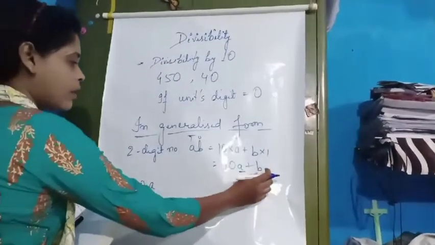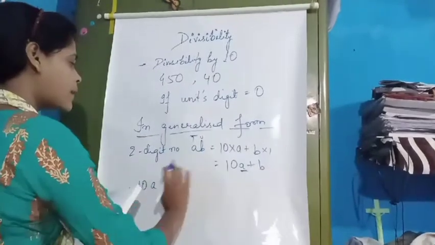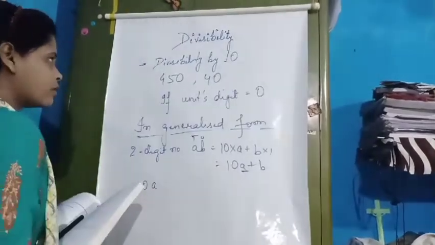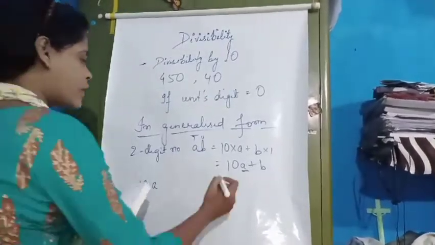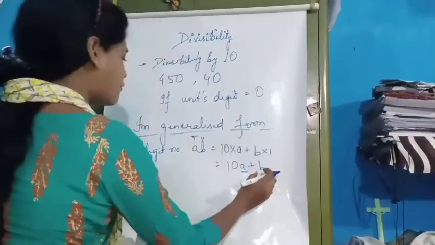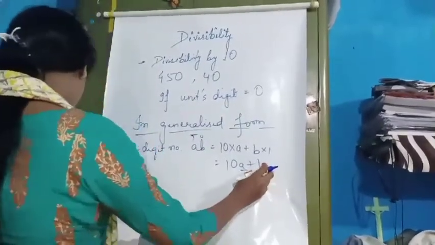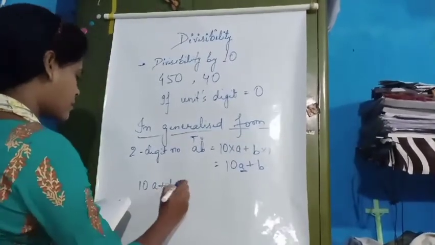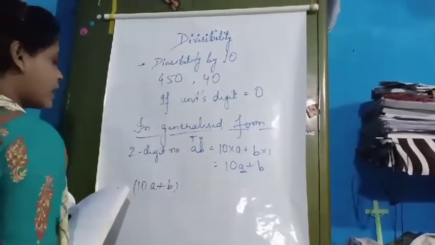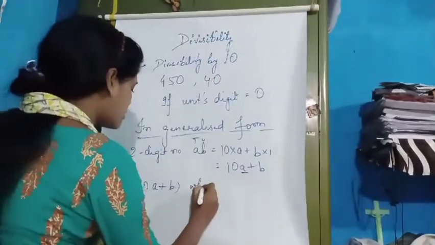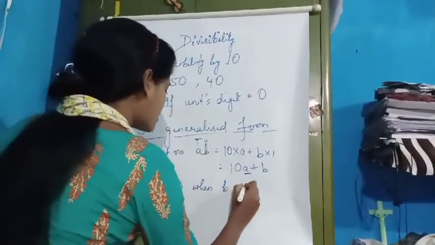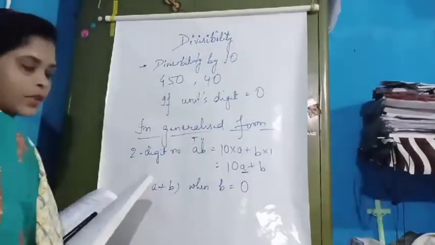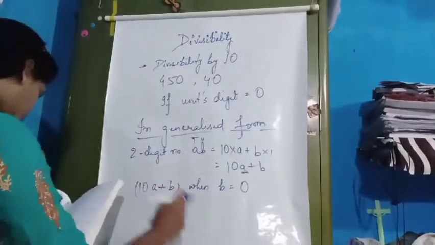But when is B going to be divisible by 10? If B is 0. So you can say that 10A plus B is divisible by 10 when B is equal to 0. Okay, so this is the condition for a 2-digit number.